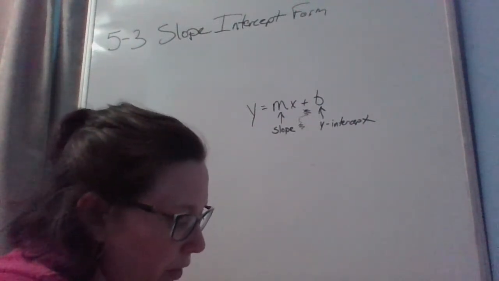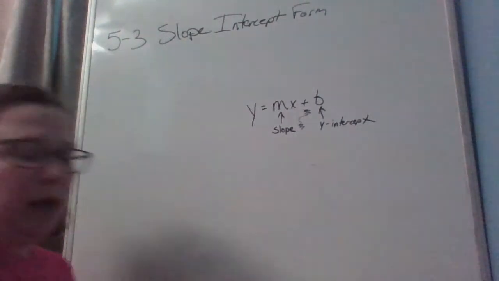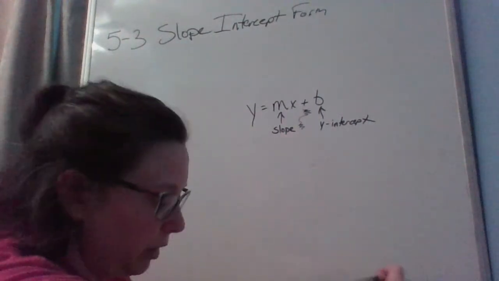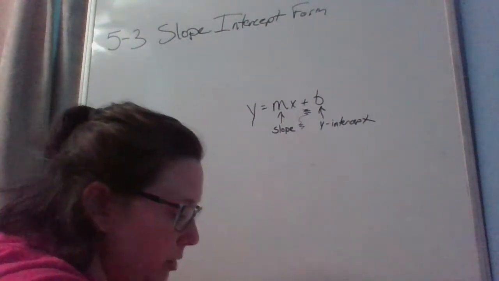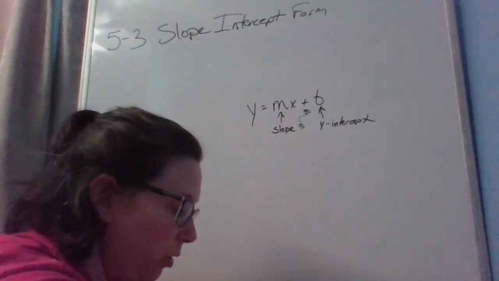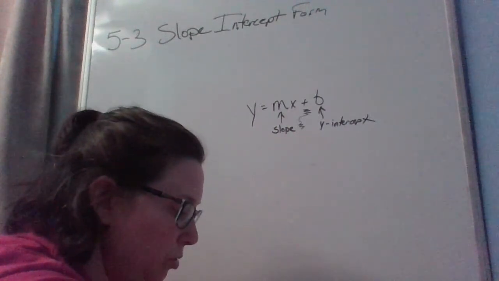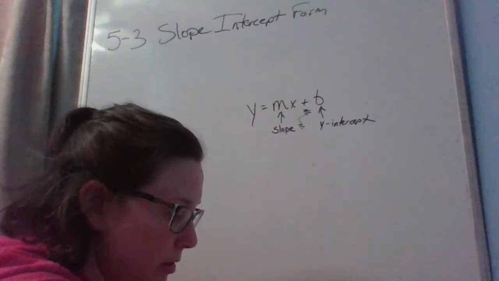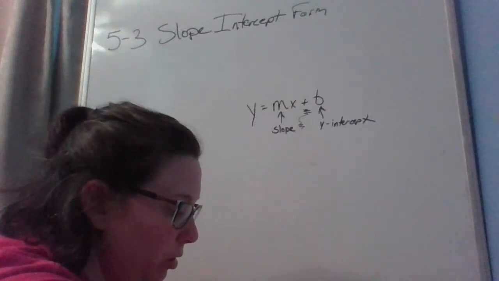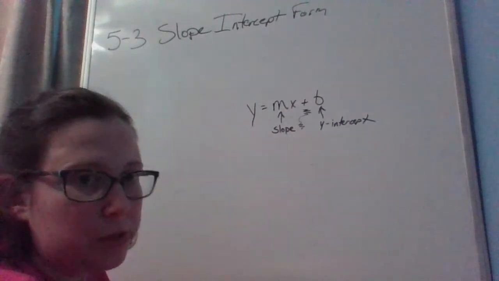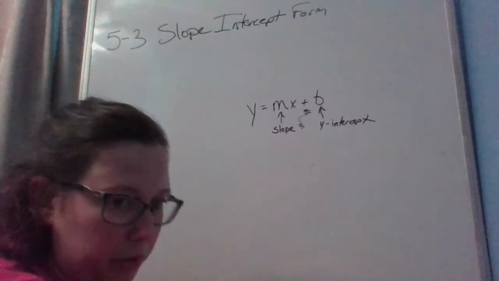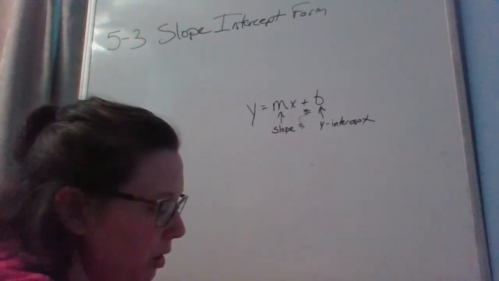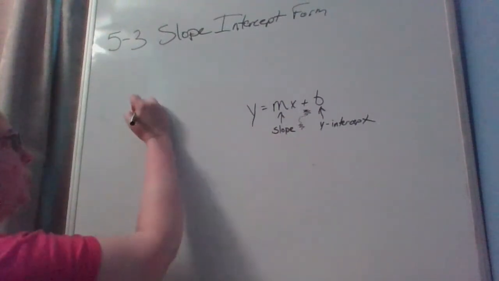Once you find that, you're going to count up or down and then count to the right. So in our example here, we go up 1, 2, 3, 4, 5, 6, and over 1, 2, 3. So 6 over 3 would reduce to 2.